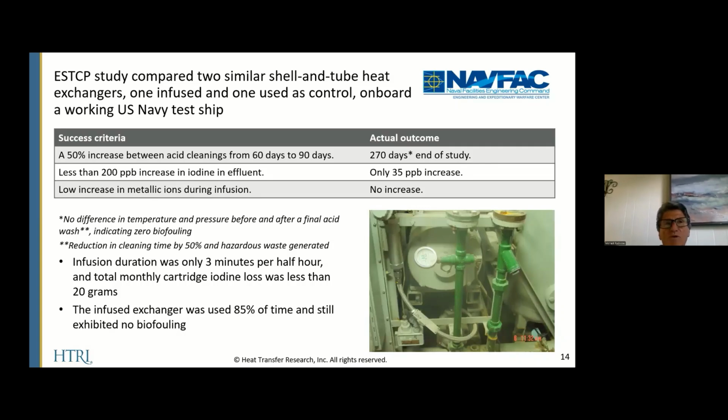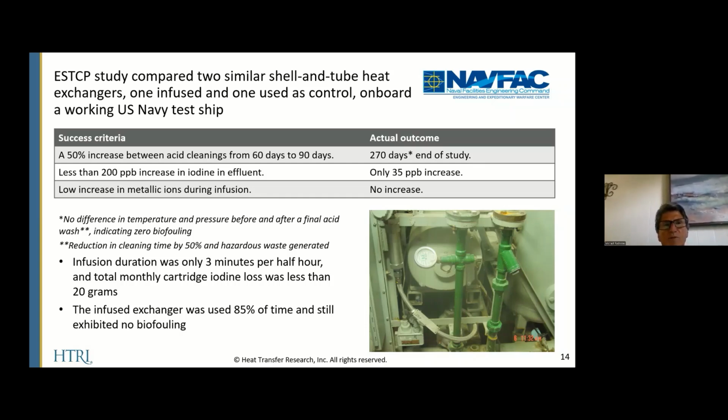So as I mentioned, we've been the recipient of a number of US studies, the first of which was with the US Navy. And what they wanted to do was compare within two similar heat exchangers on board a naval vessel, whether infusion would reduce the overall chemical treatment time or the time between cleanings of two heat exchangers on board this ship.